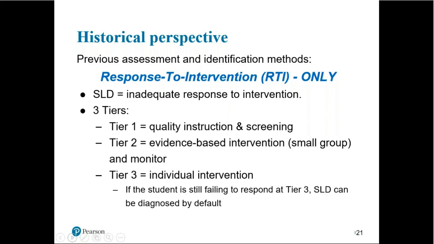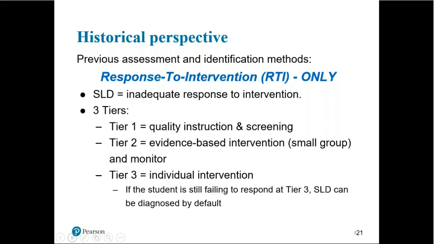So this was a problem. Remember, the estimated prevalence is 5 to 15%. And in some instances, we were seeing significantly more children being identified than what we would expect to find from a prevalence perspective. So the RTI model moved away from defining SLD as a statistical discrepancy and instead tried to conceptualise it as an inadequate response to intervention.